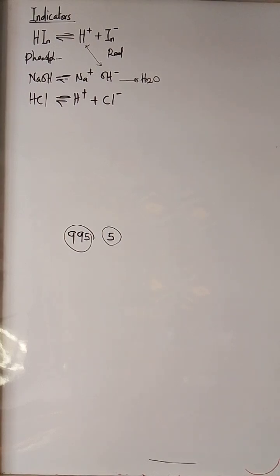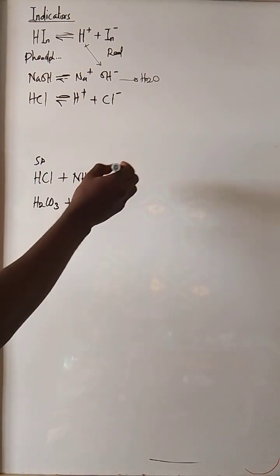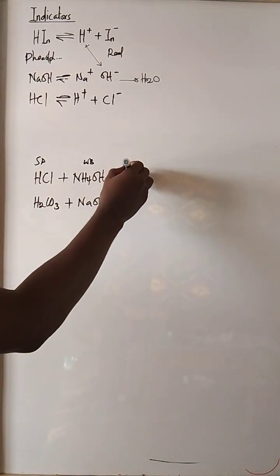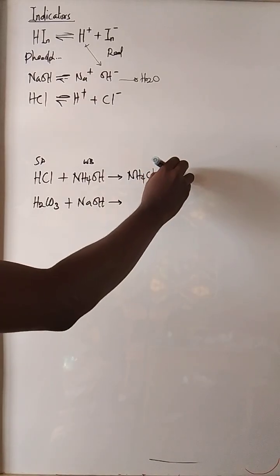When I started the lecture, I gave examples of strong acid and weak base, and strong acid and weak base again. Let's give the examples again. For the first one, here we have strong acid and we have weak base. So the end product is going to be NH4Cl with H2O.